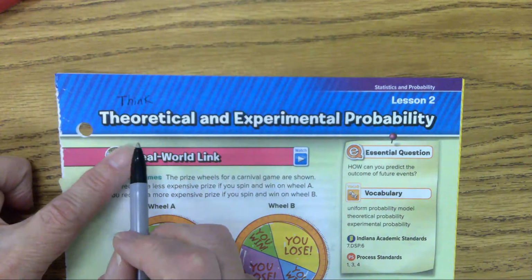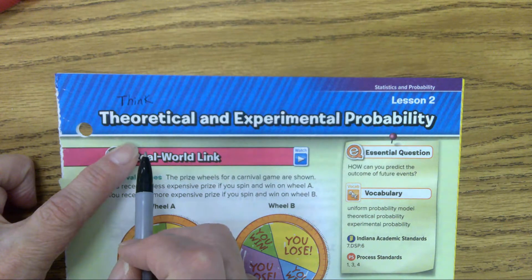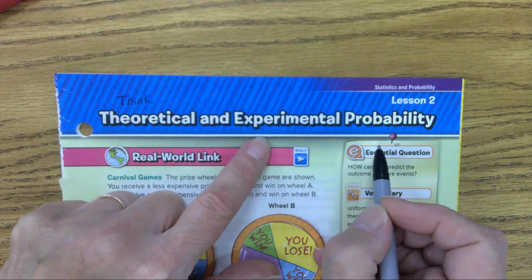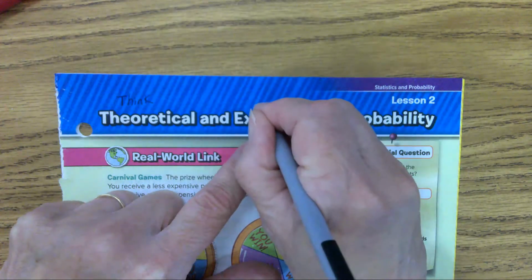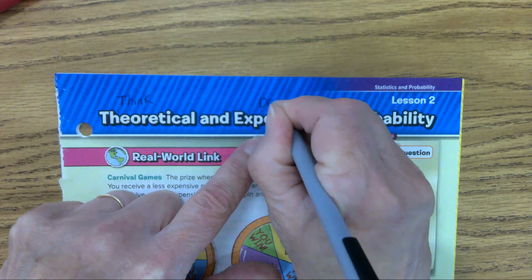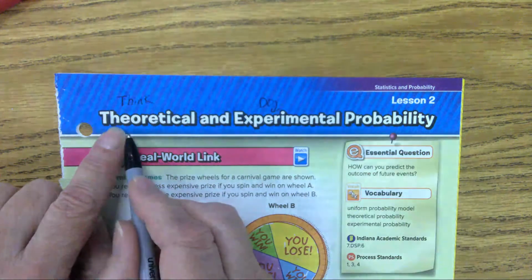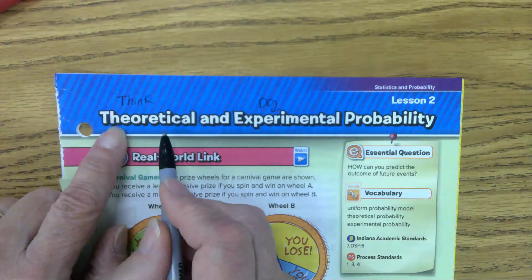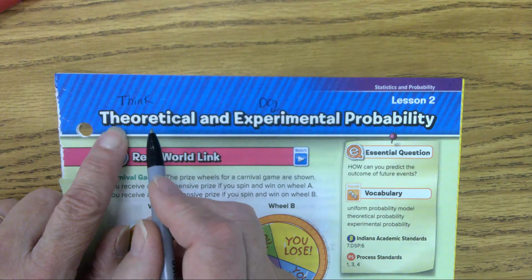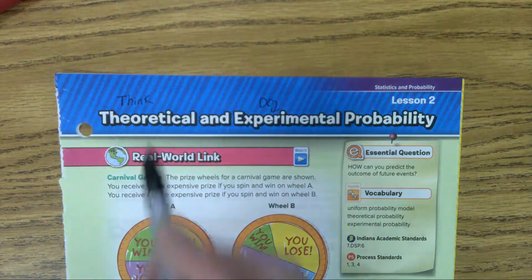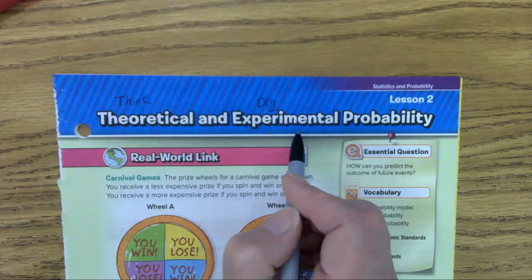Experimental probability is when you actually do the experiment. When you think about what theoretically should happen, that's theoretical. So think of theoretical as thinking, experimental as the doing.